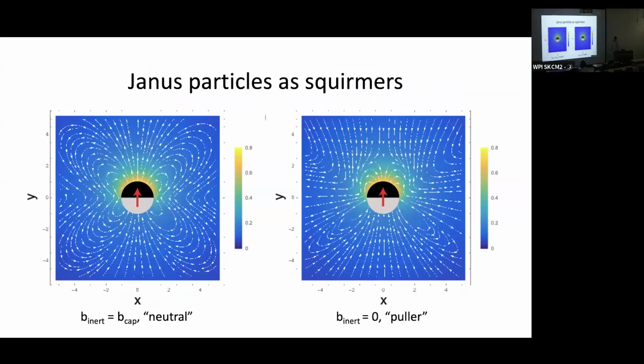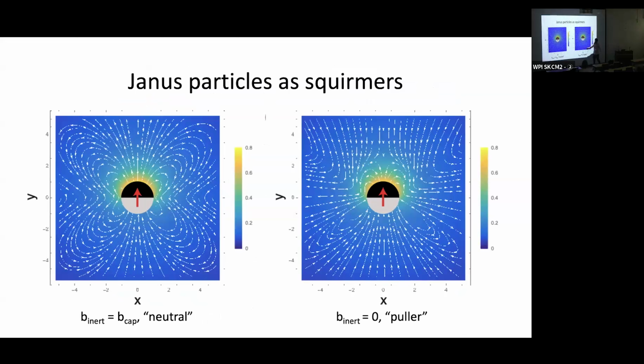Okay, and here are the Janus particles and the flow fields around them. They have the same concentration field. The product is being generated on the cap in both cases uniformly, but they have different phoretic mobility coefficients. So here, both sides respond equally to tangential concentration gradients.